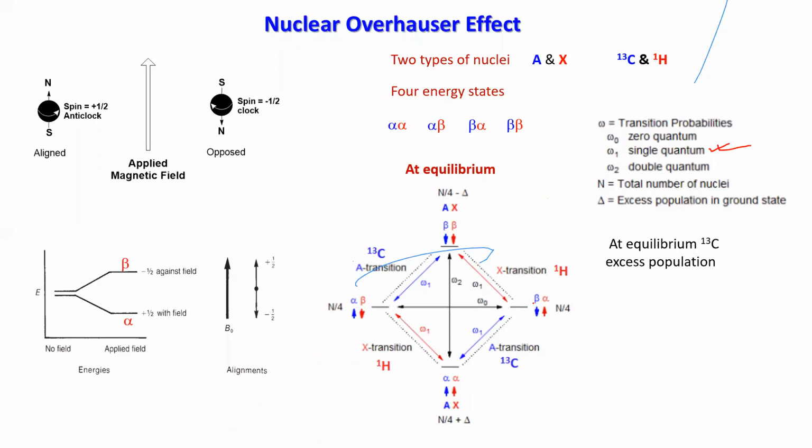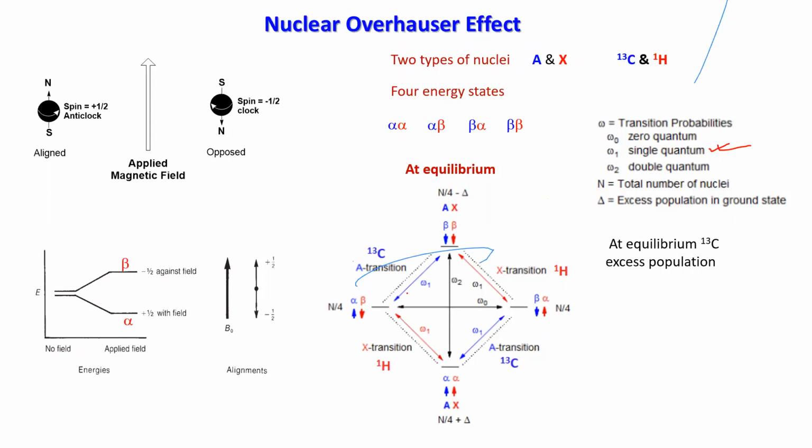So the A or 13C is undergoing change or transition. The red color alpha and red color alpha are both the same, so the proton or X nuclei is not undergoing any change. That's why we call this transition single quantum transition.